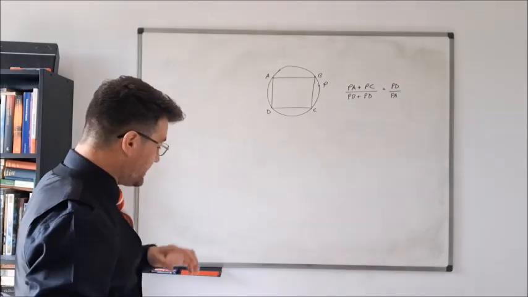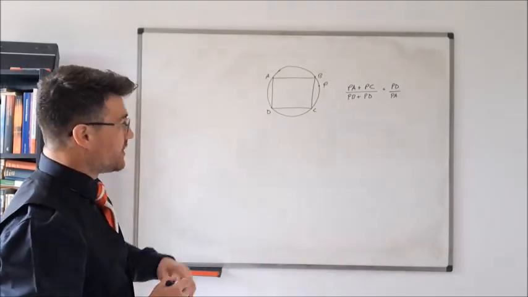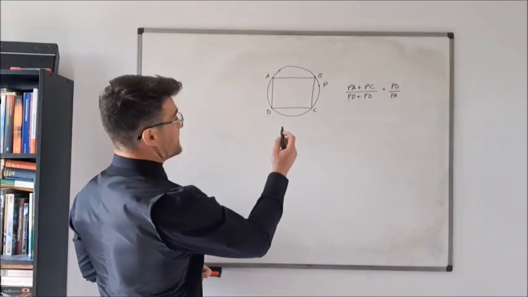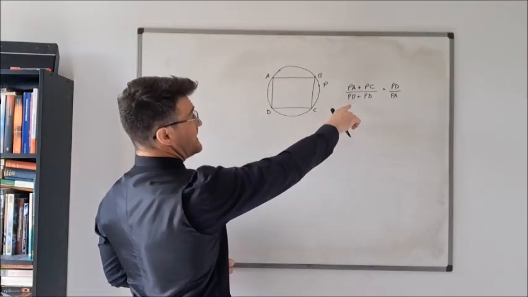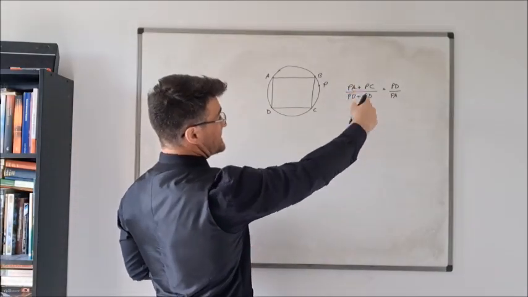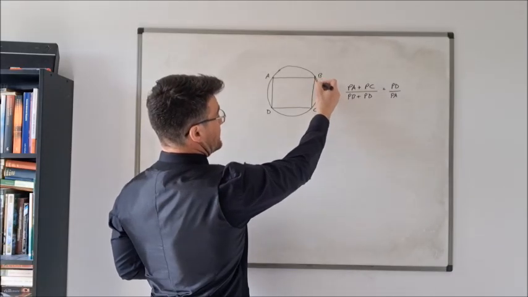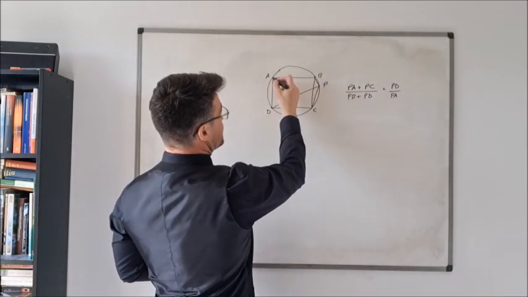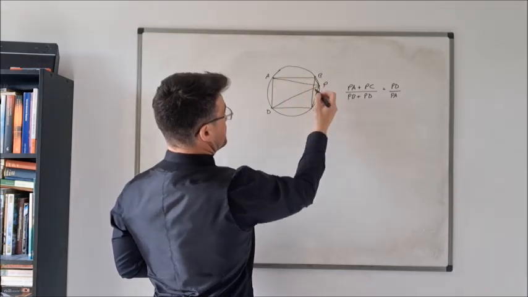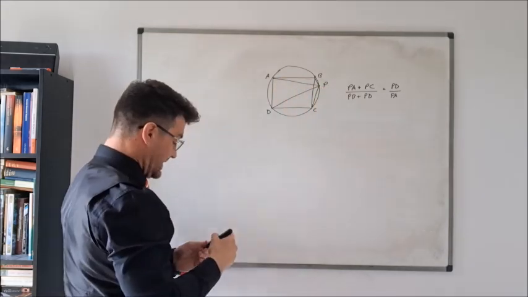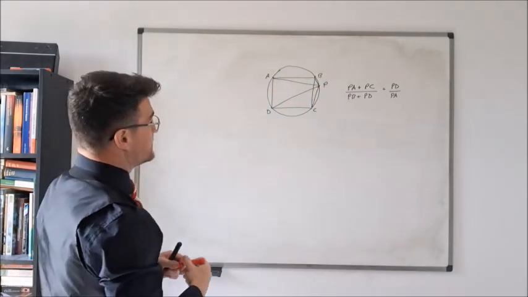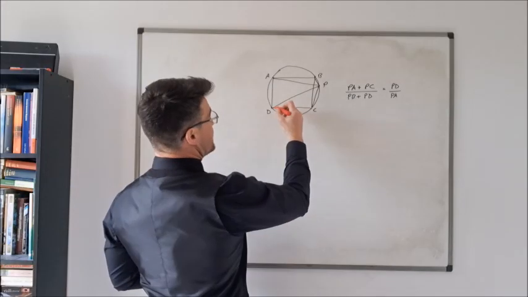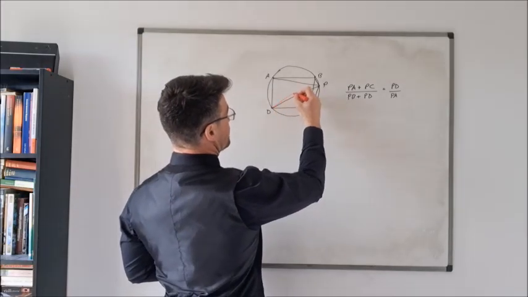Initially, what I did was to join up all of them, because we're interested in these distances, PA, PC, PB, and so on. So it seemed natural to connect all of these points up, and I also drew in the diagonals of this square.